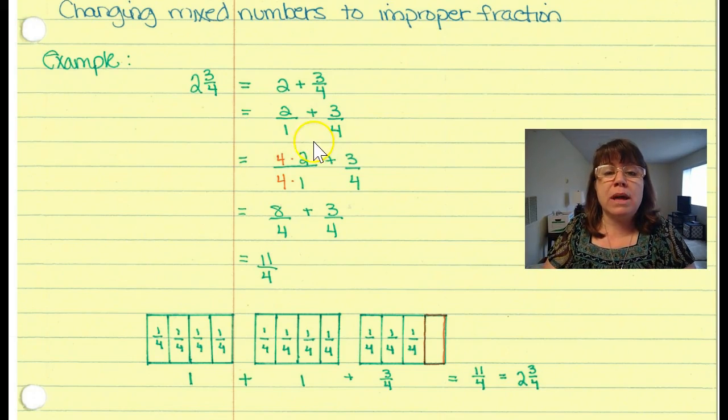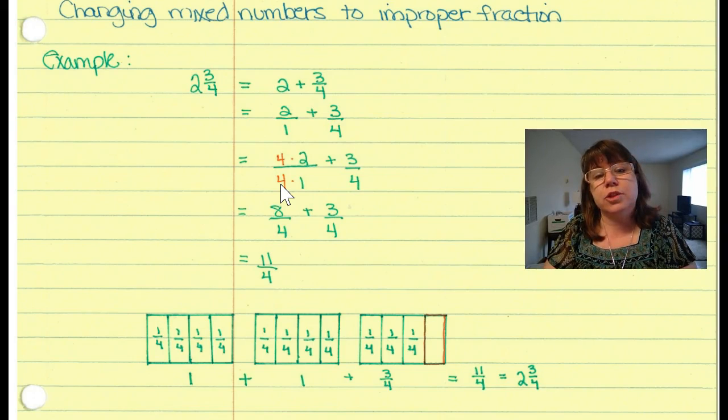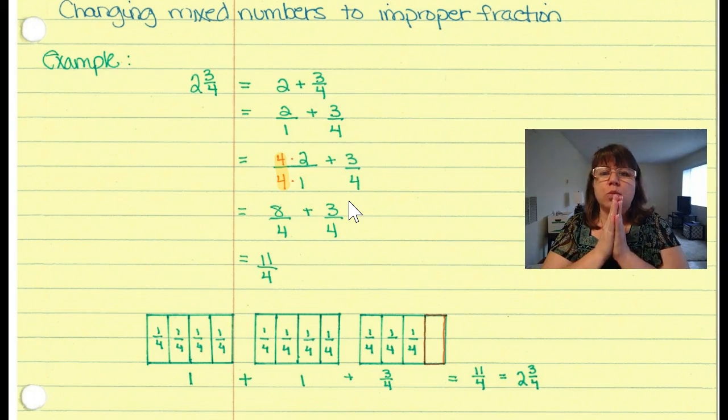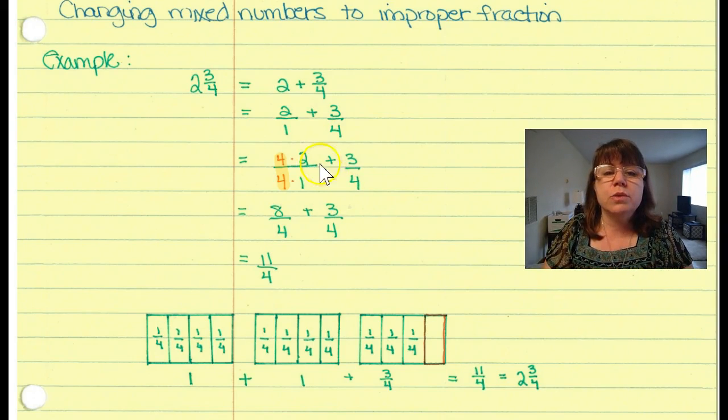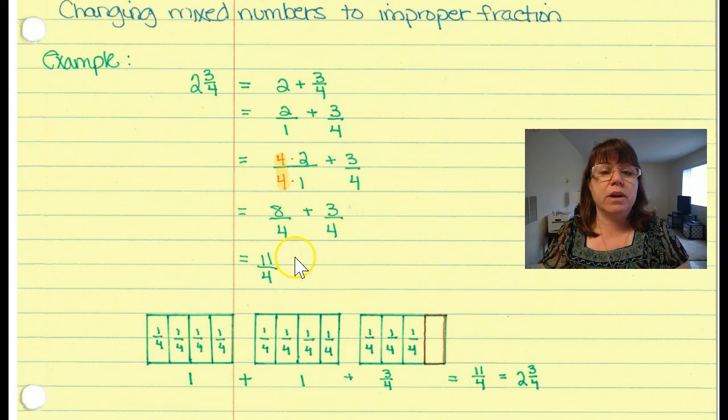So I can make a 1 look like a 4 if I multiply the 1 by a 4, but what I do to the denominator, I must do to the numerator. So 4/4 is just a plain old 1, and multiplying by 1 doesn't change anything. It might look different, but it doesn't change the value of our number. So 2/1 multiplied by 4/4 will get us 8/4.